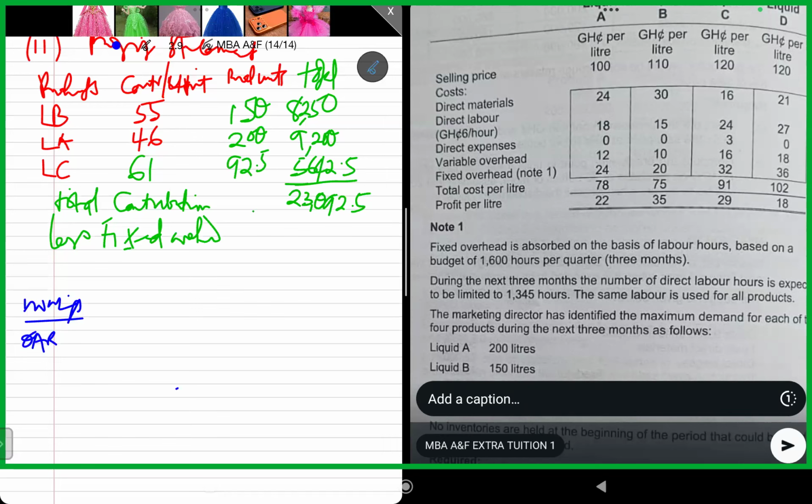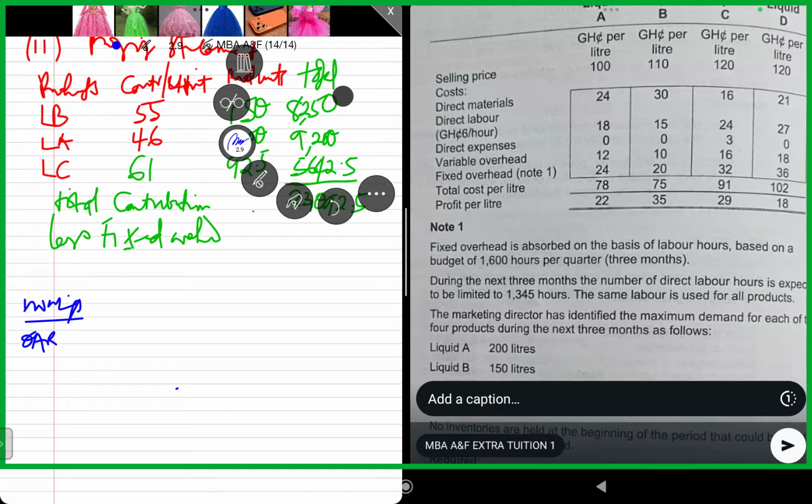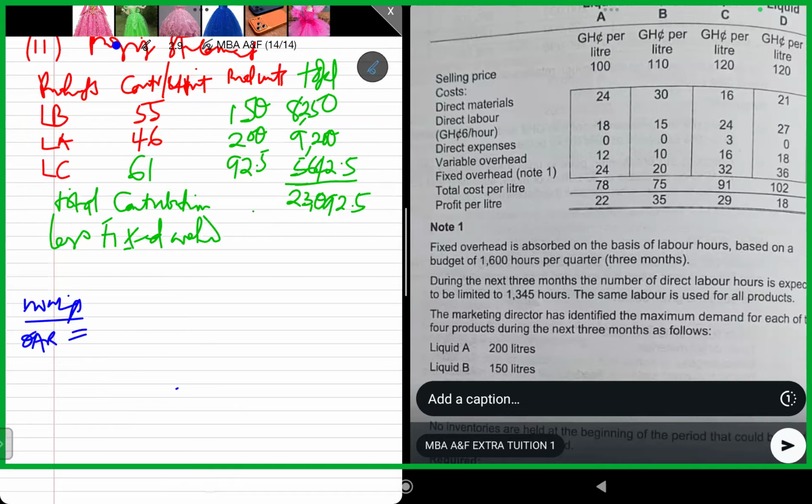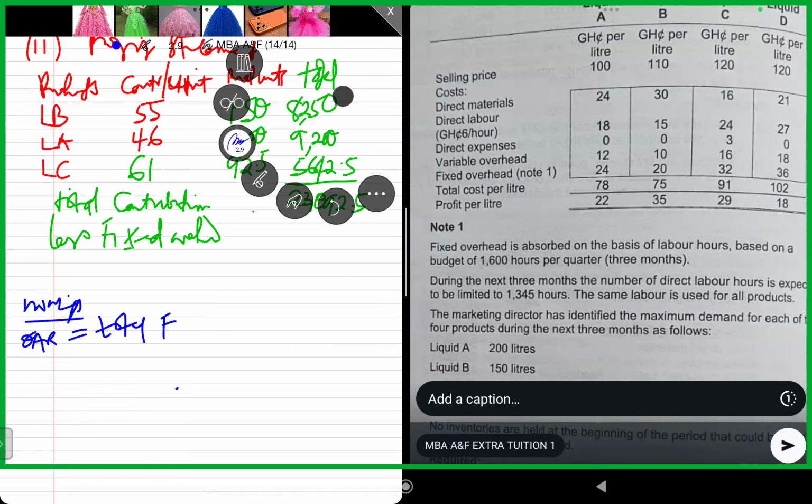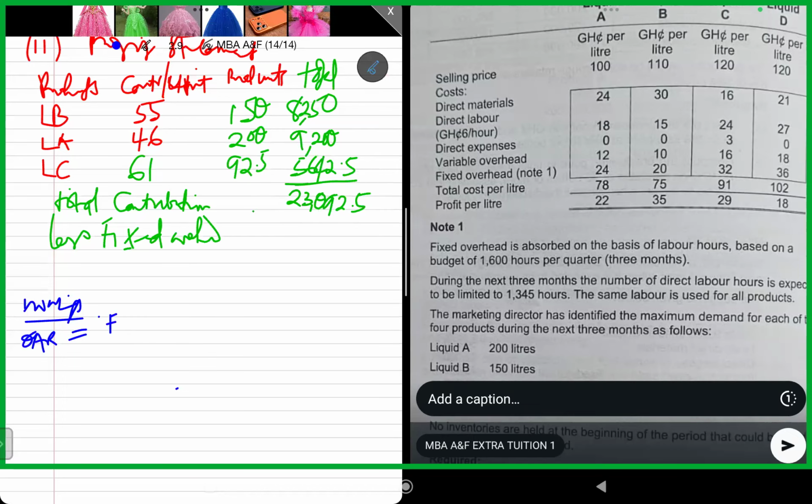Okay. So for us to find the OAR, let me use this method. This is an easier method. So what we are trying to find now is the OAR. So what is the formula for the OAR? If you're not getting it, when I finish it, you'll get it. The OAR is fixed overhead over what? Labor hours.